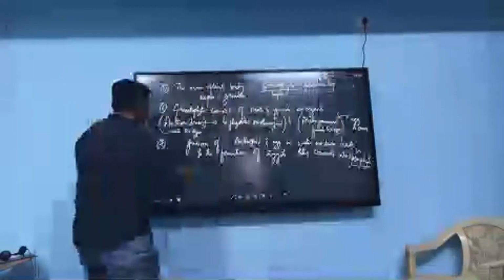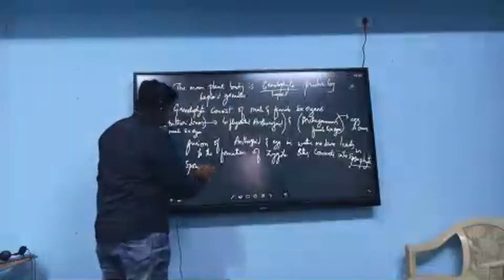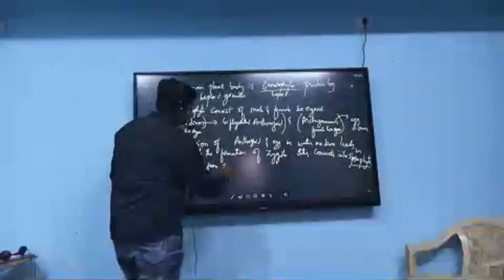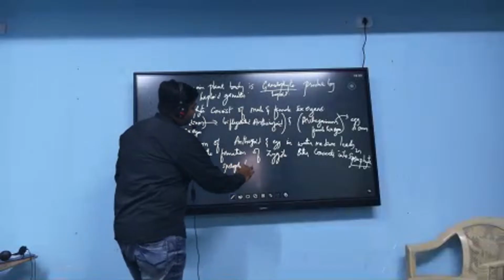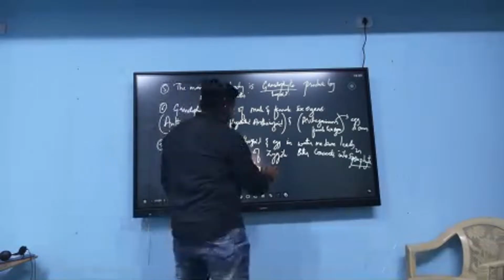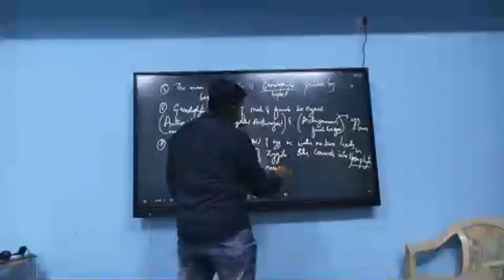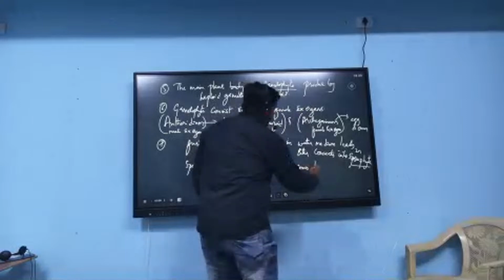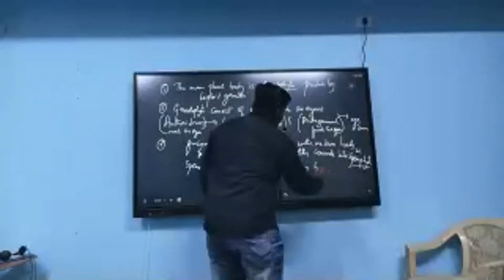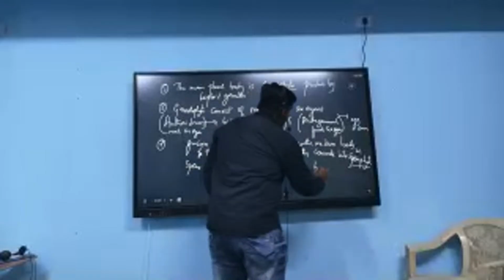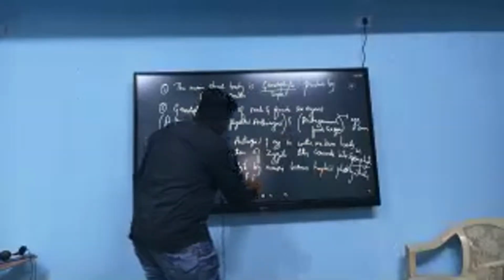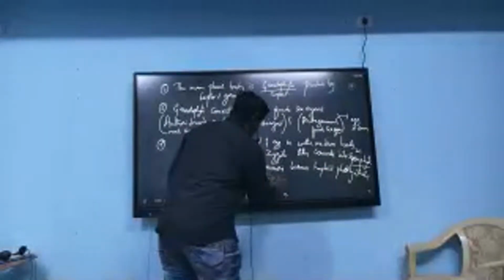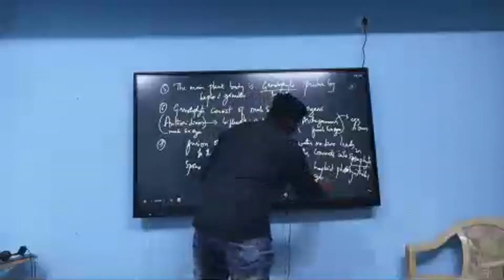Now the spores from the sporophyte, by meiosis, become haploid, photosynthetic, free living, and germinate into gametophyte.